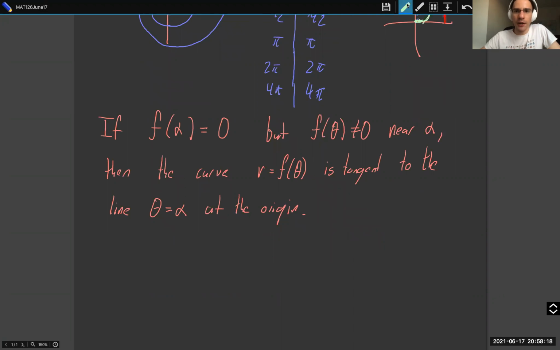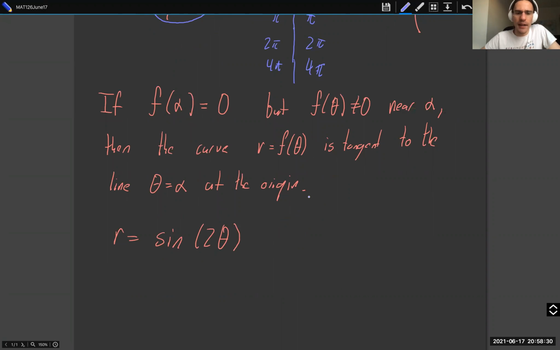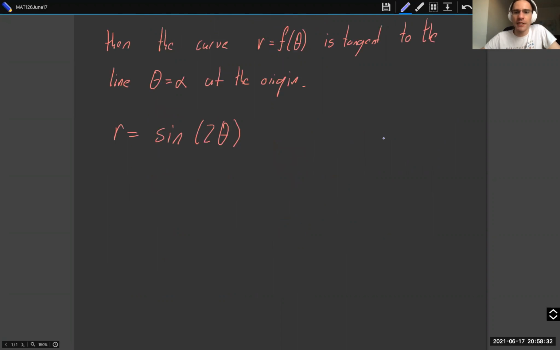So I'm just going to quote this for drawing polar functions. Let's consider the function r equals sine of 2 theta. Let's do a plot, by the way. First off, let's just consider a Cartesian plot of sine of 2 theta. So sine of 0 is 0.